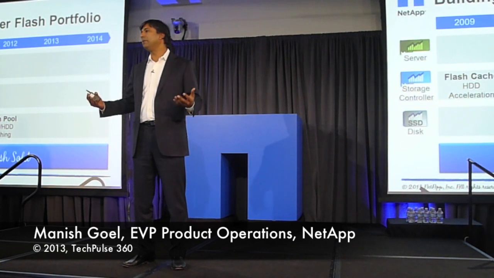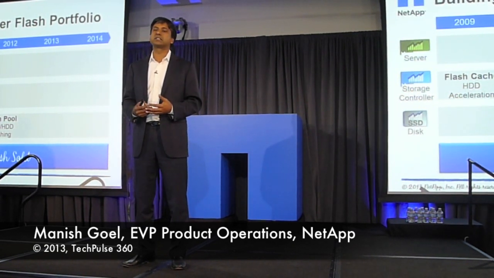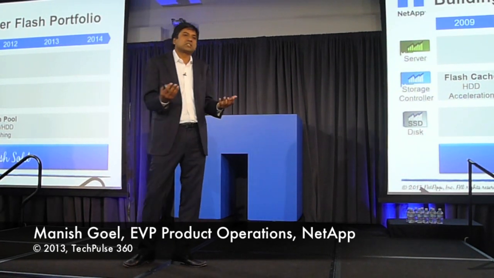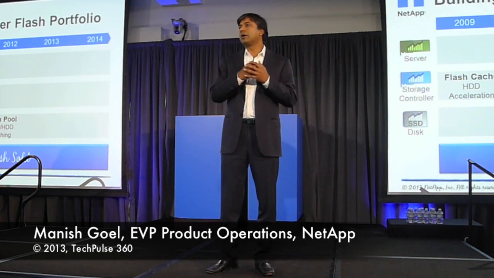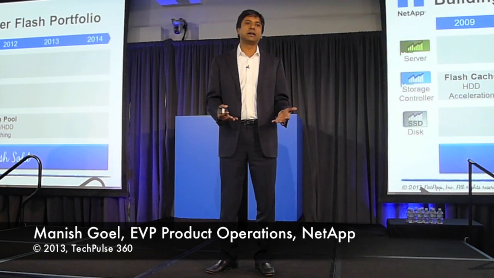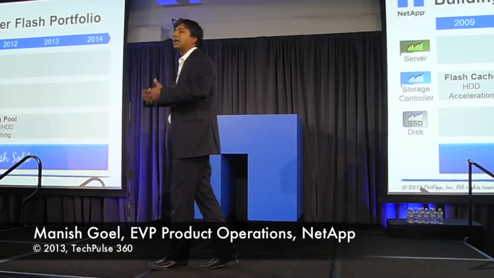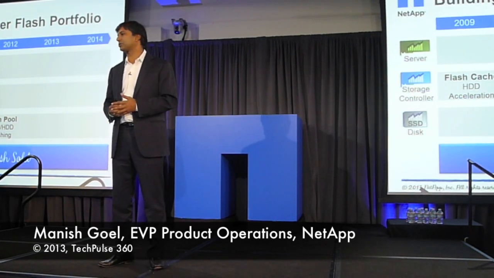In our medium and large systems, our attach rate of this technology is upwards of 60%. So this is something that, from a customer standpoint, has been a no-brainer choice. Because for the same economics, they end up getting dramatically lower latencies, dramatically higher IOPS, while having all the data management capabilities of Data ONTAP, our storage operating system.